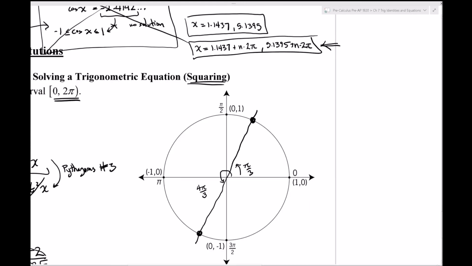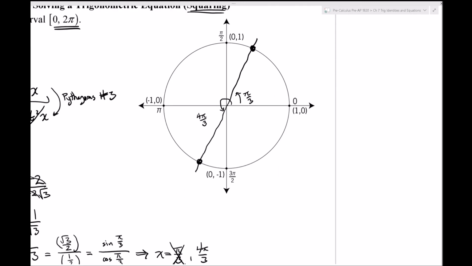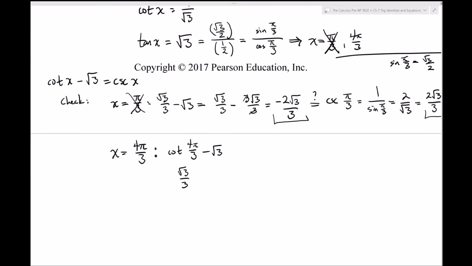Both are angles for which cotangent is equal to square root of 3 over 3. Minus square root of 3 is again negative 2 square root of 3 over 3. This is supposed to be equal to cosecant of 4 pi over 3, so we'll double check.